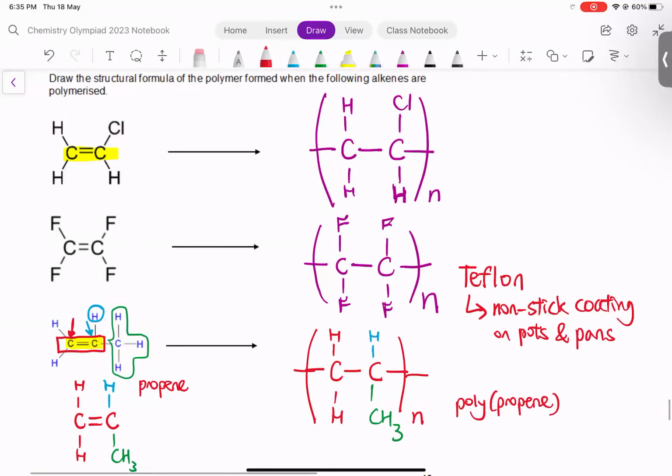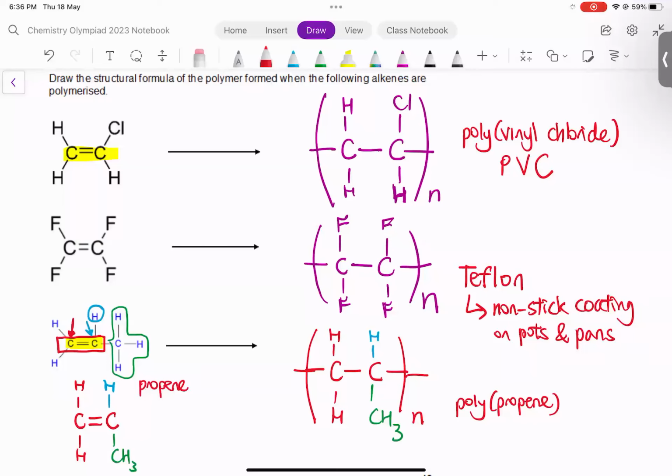Finally, okay, this one, the first one is called polyvinyl chloride, otherwise known as PVC. PVC is a plastic polymer that's used to make pipes, raincoats, and so on. So polyvinyl chloride is an addition polymer that's commonly used to make pipes, raincoats, and so on.